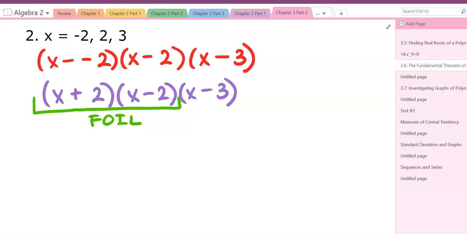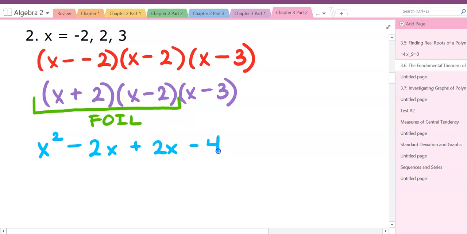Okay, so when you FOIL this, your first term should be x times x, so x squared. Outside should be x times that -2, so minus 2x. Inside would be 2x, and last would be a -4. Because these are opposite signs, like you had one that was x plus 2 and the other one says x minus 2, those middle terms are always going to have opposite signs, so they're always going to cancel each other.